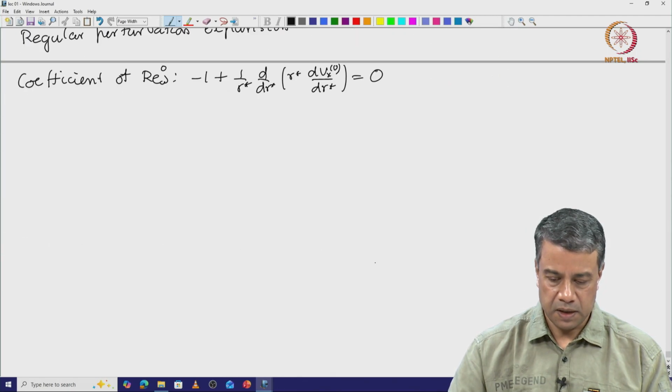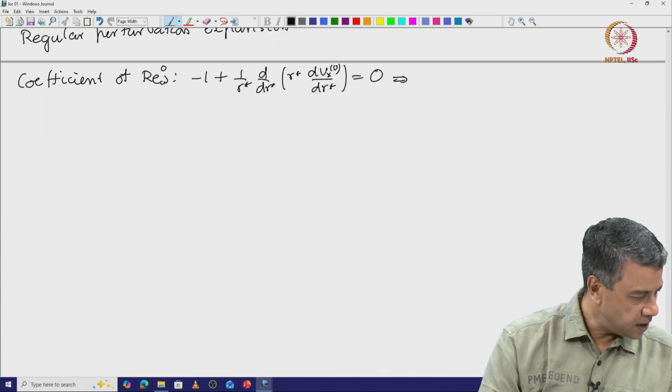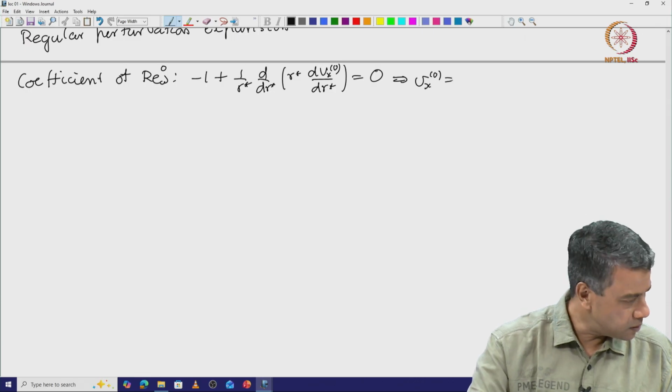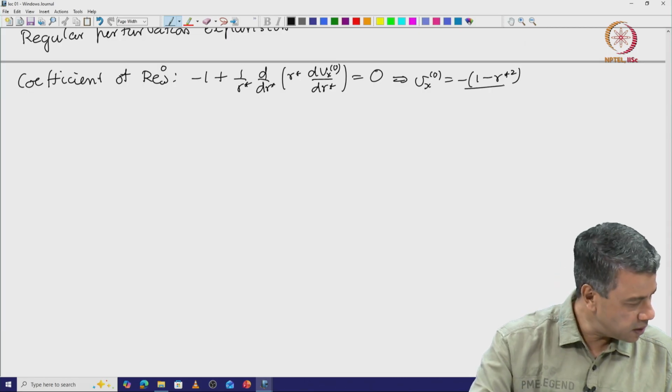And this gives me the solution Vx naught is equal to minus of 1 minus r star square by 4.